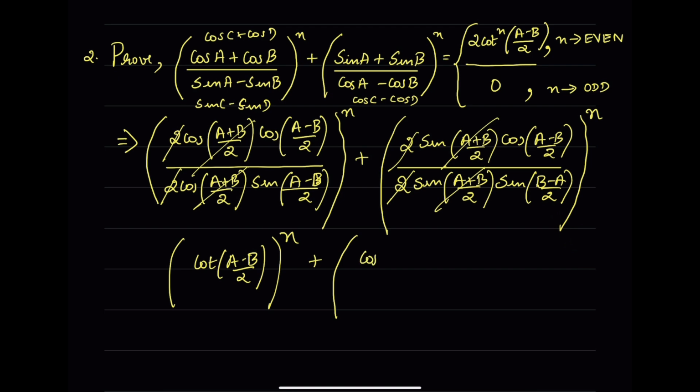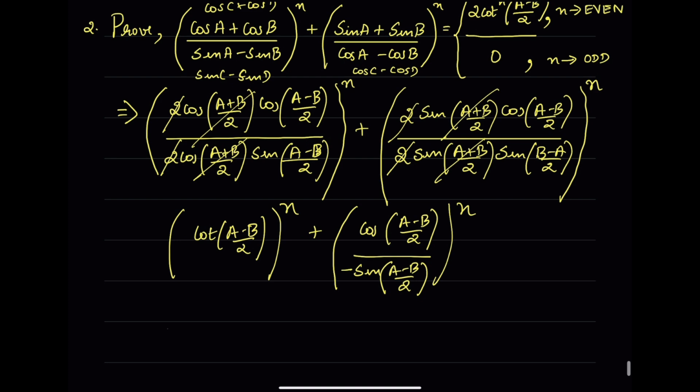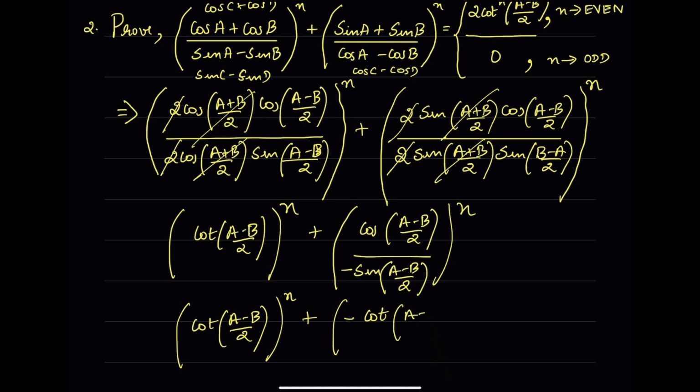So we can rewrite this as cos of (a minus b) by 2 divided by minus sine of (a minus b) by 2, and this to the power n. So this will be cot of (a minus b) by 2 power n, then plus minus cot of (a minus b) by 2 power n.